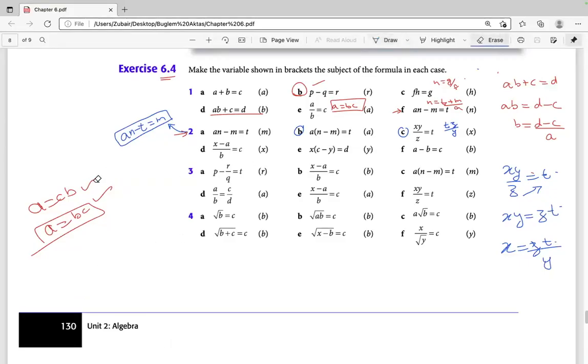D part, 2D. I'll also share the answers so you would at least know if you're doing it in the right way.